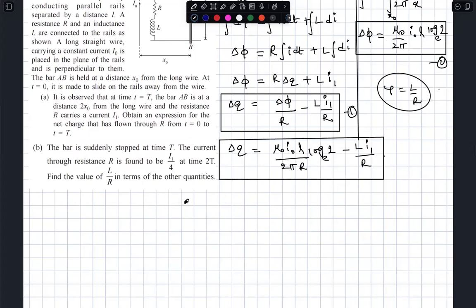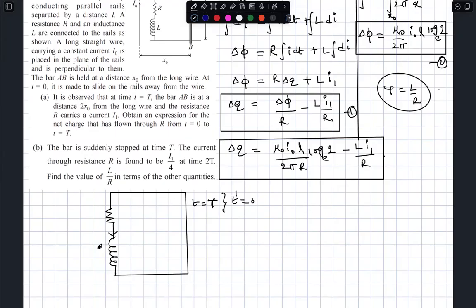Please consider this question seriously. Boys, this is the resistance part, and this is the inductance part. Now t equals T is our new time, t dash equals 0.